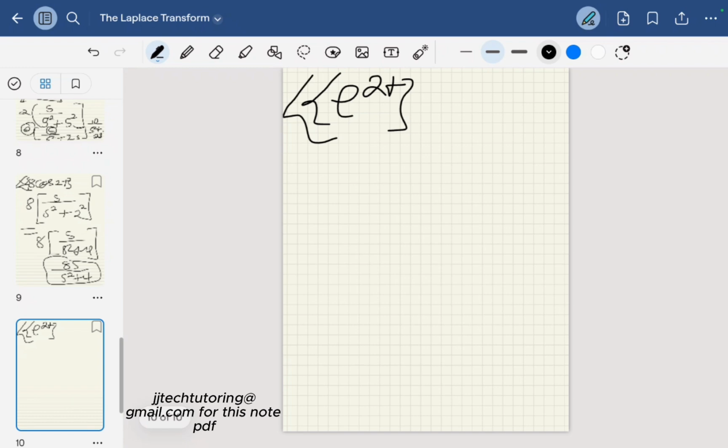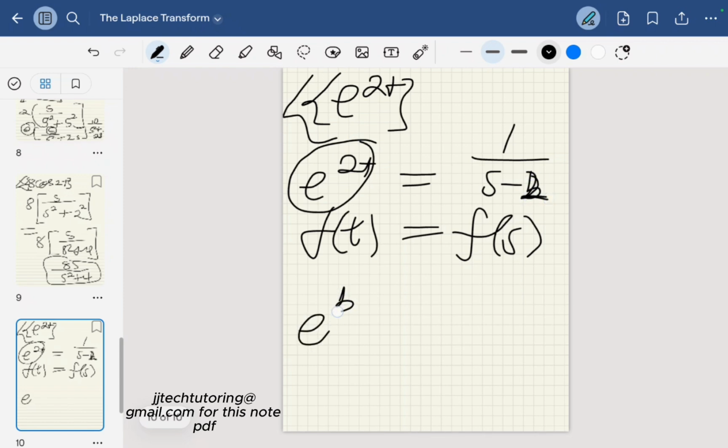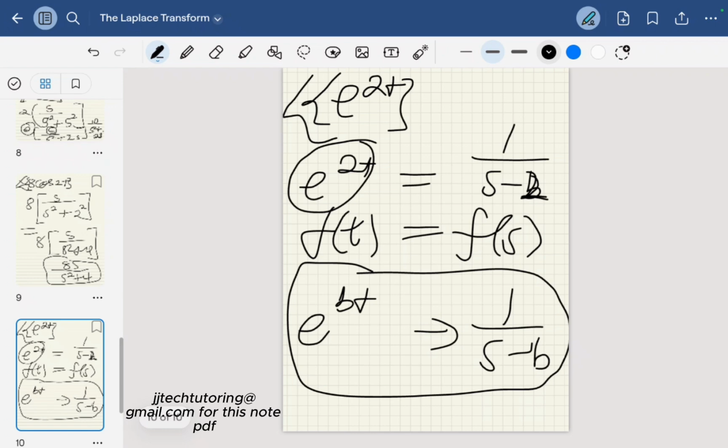No, in the table, e to the power bt, f(t), when you do the Laplace, it will be just 1 over s minus b, right? So when you are given the equation like this, I mean not s minus b, man, s minus 2. So that means there in the table it is e to the bt, that is gonna go to s minus b, right? So you're gonna just go and check the table. And some lecturers are not gonna give you the table. You're just gonna fight there.